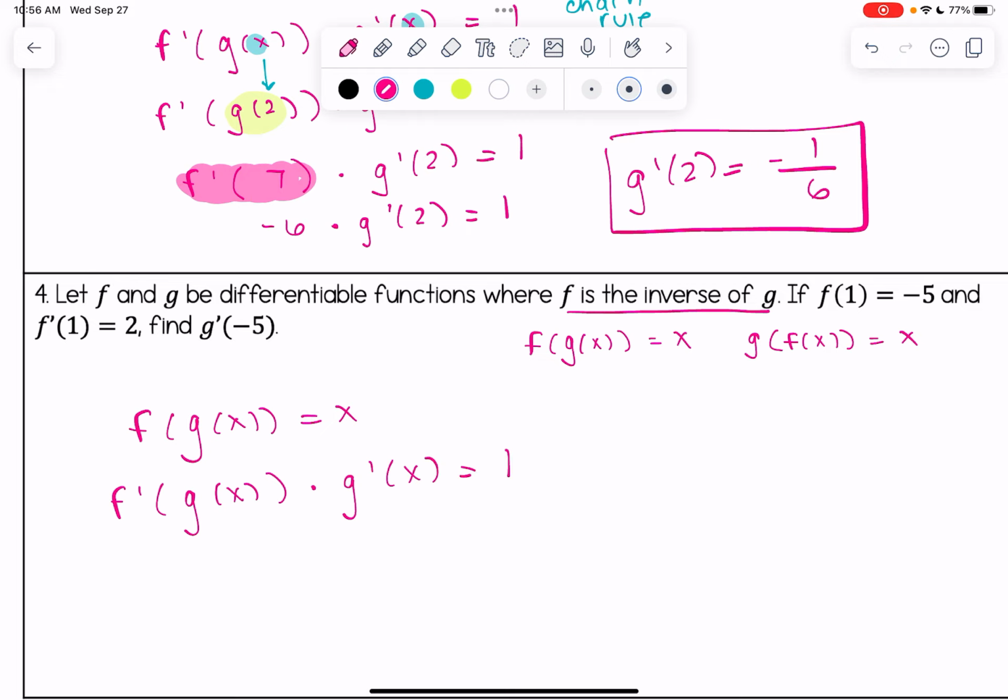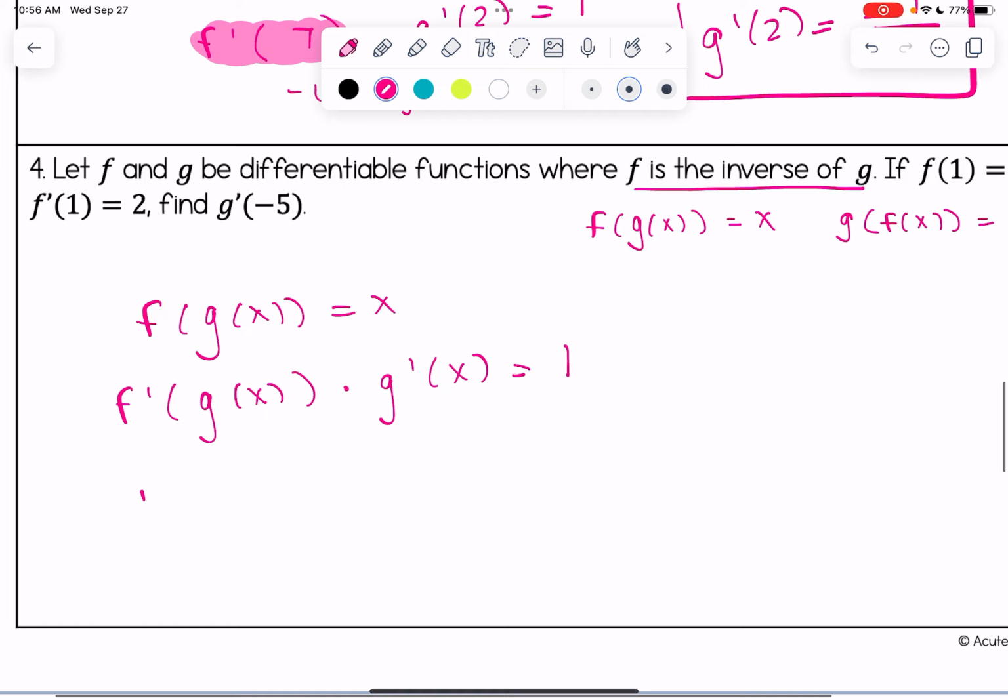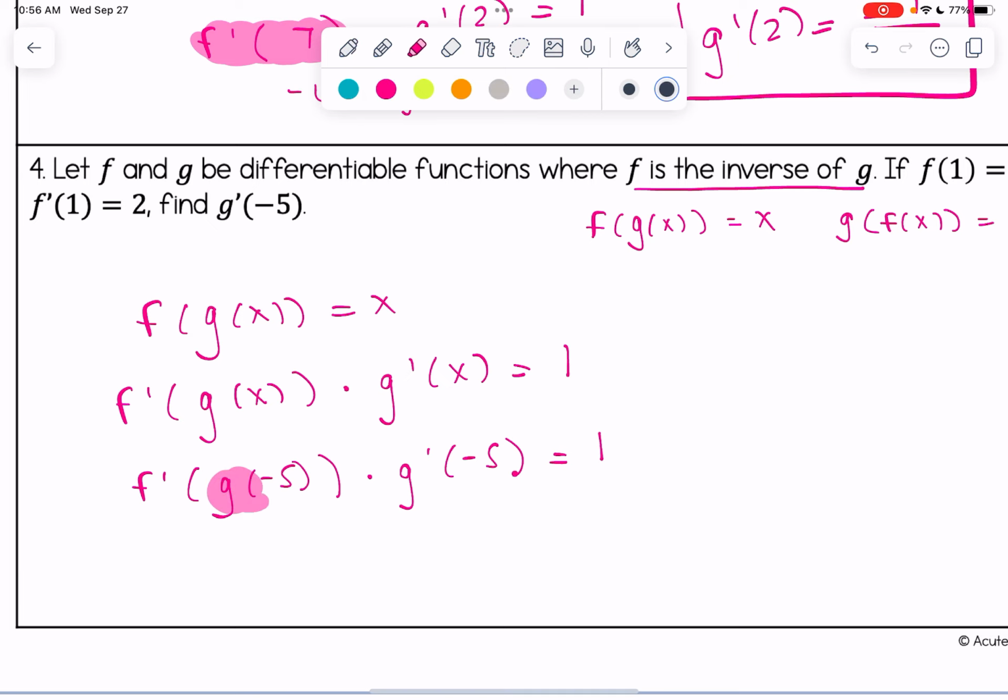And we know we're looking for g prime of -5. So I'm going to change all of the x's to -5. And remember, we're isolating, we're looking for g prime of -5 here. So I don't know what that value is, but I see here that it's saying g of -5.